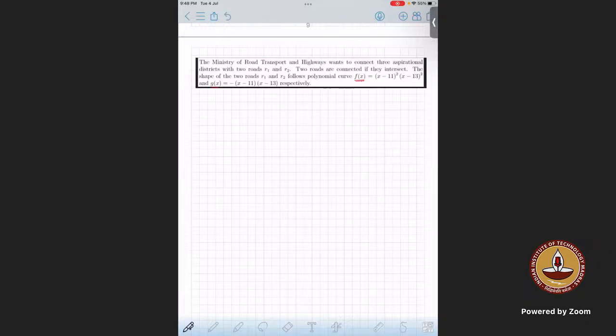Yeah, I'm displaying the question. Okay, I will give you a hint: you have to find the intersection between f of x and g of x.